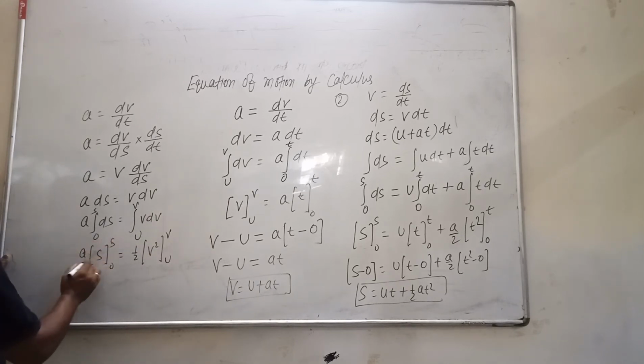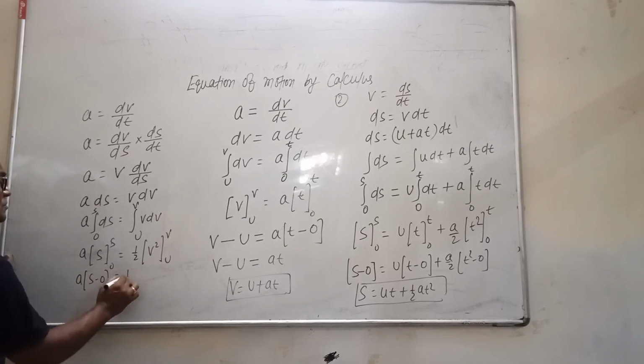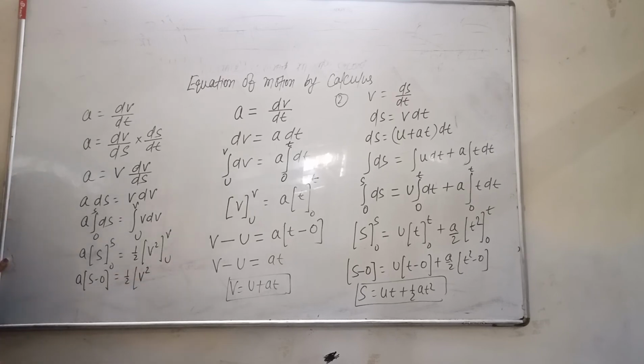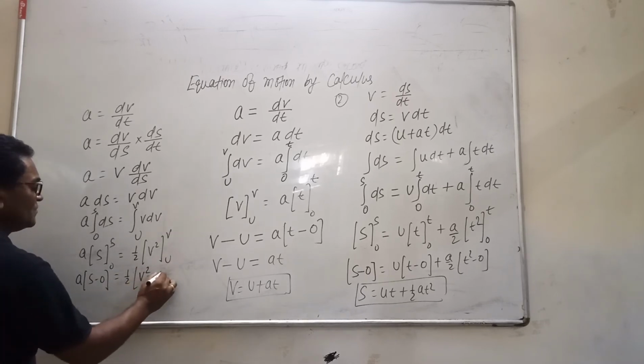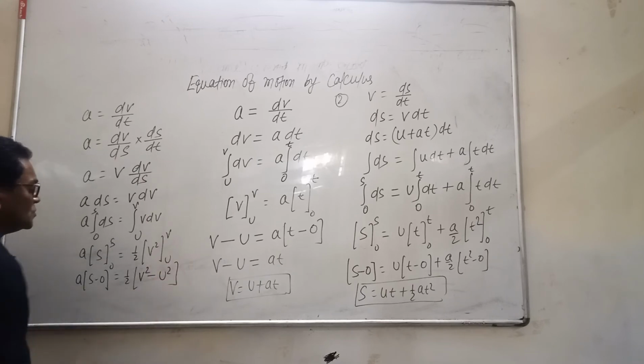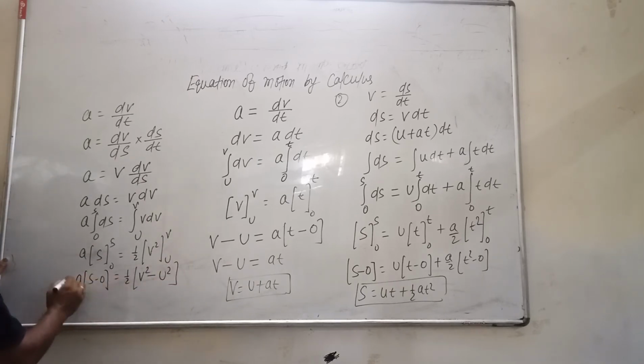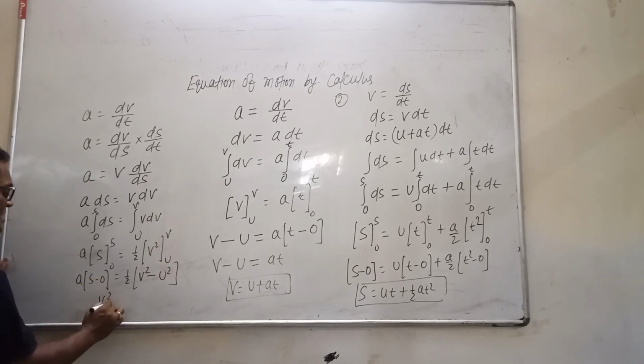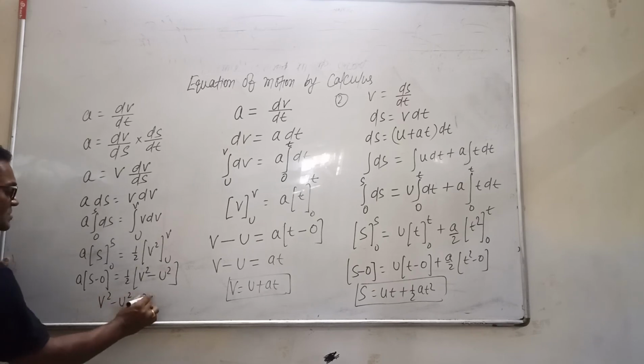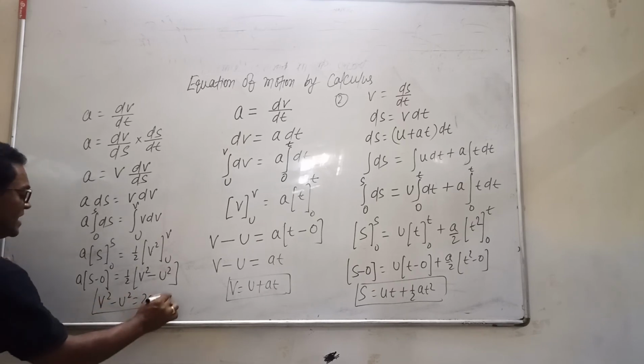Now put the limit. So a into s minus 0 equals half. In place of v, we have to use the upper limit, minus in place of v we have to use the lower limit. Do cross multiplication, so we get v square minus u square equals 2as.